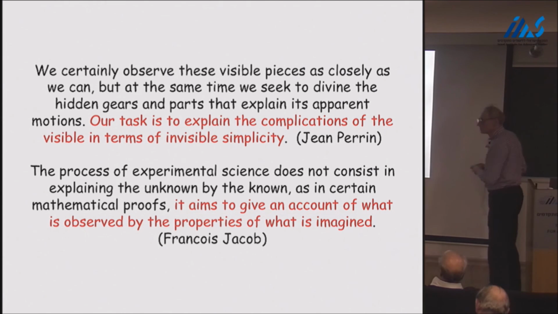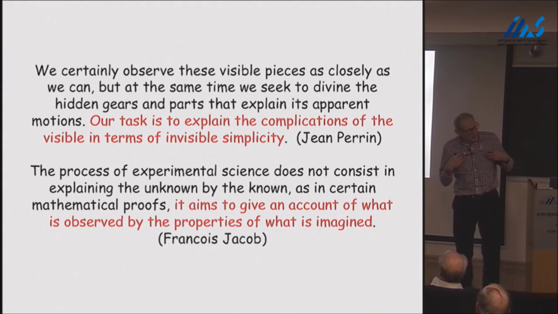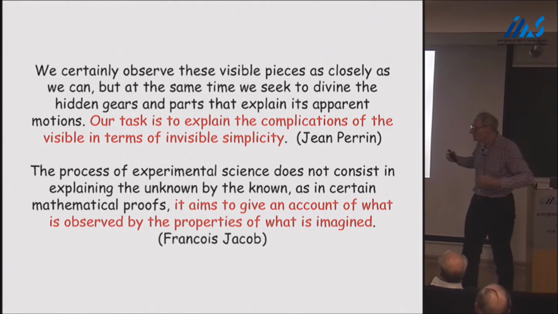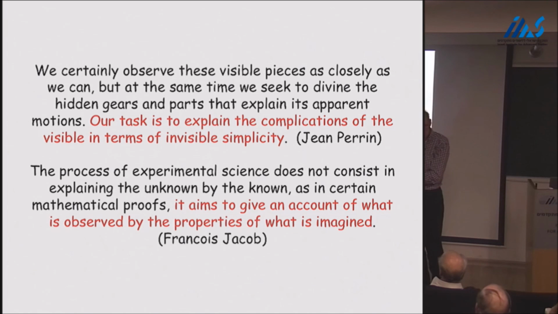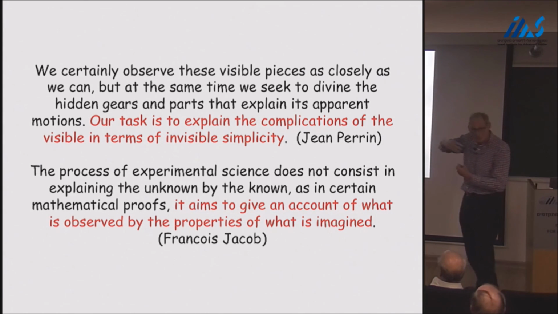And this is a quote from Jean Perrin, and I think it's appropriate to say this in an institute that's dedicated to Einstein, because Perrin is the guy that took Einstein's idea that invisible entities, atoms, could explain Brownian motion. It was Perrin who proved Einstein was right.